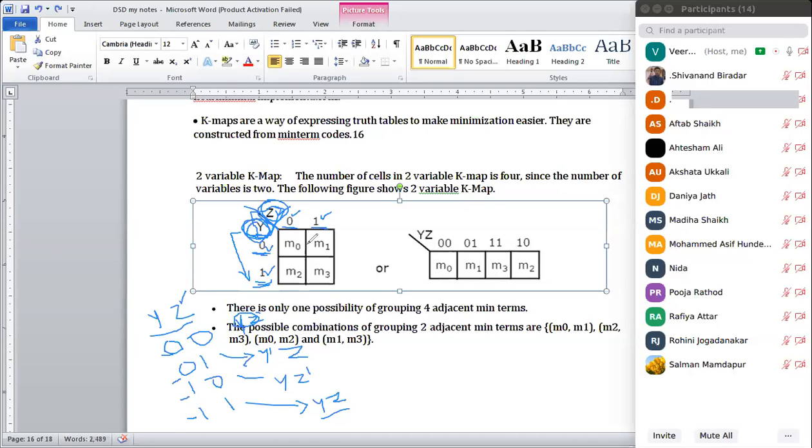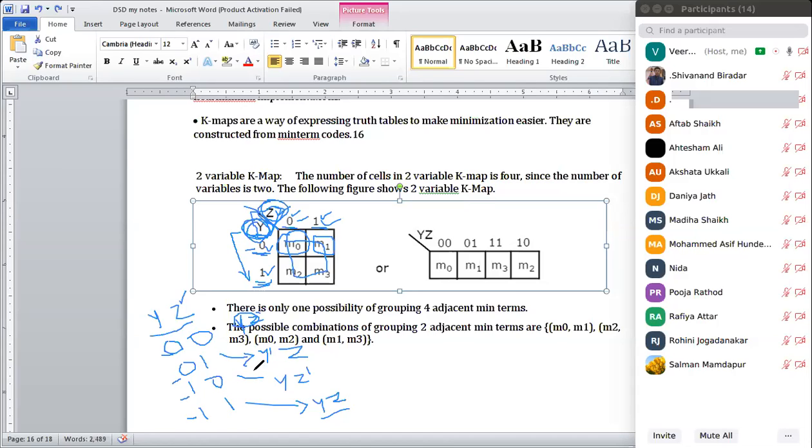There are four cells that are going to connect this Y and Z. Now, how is it going to connect? As I said, Y is 0 and Z is 0. The cell number is M0. Y is 0, Z is 1. The cell number is M1.